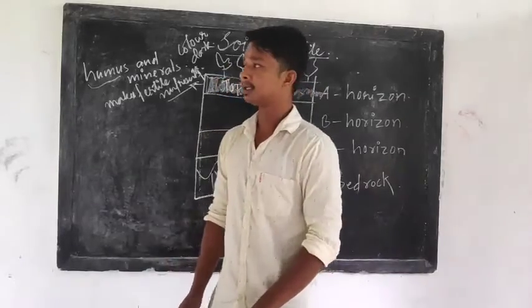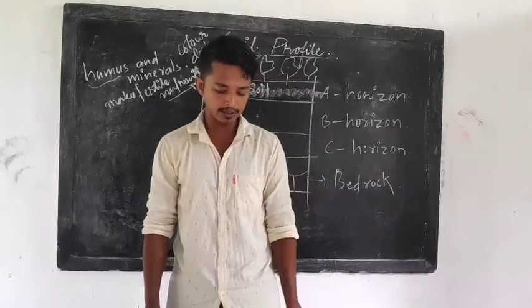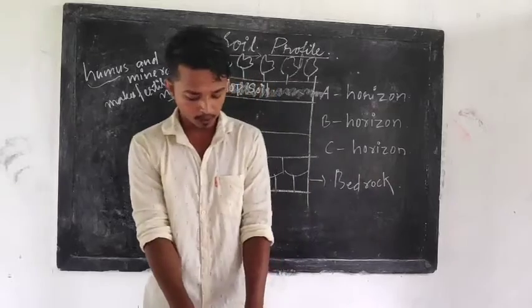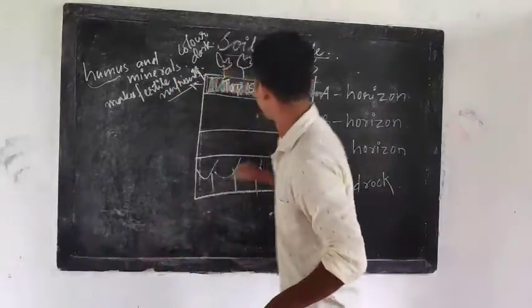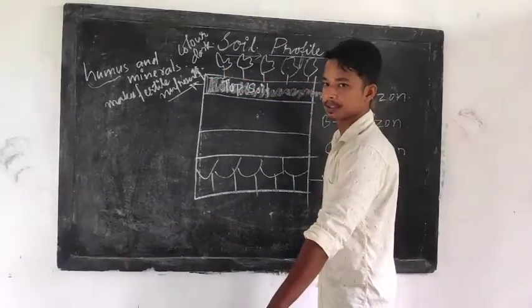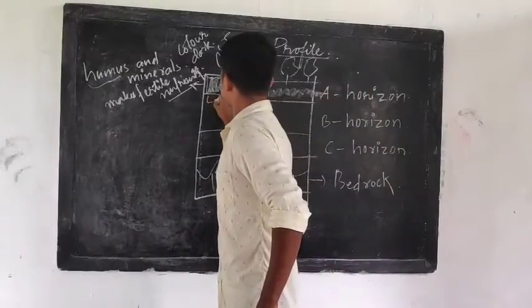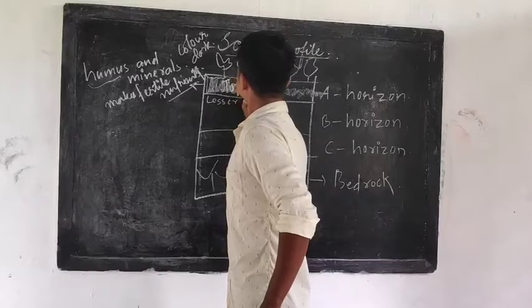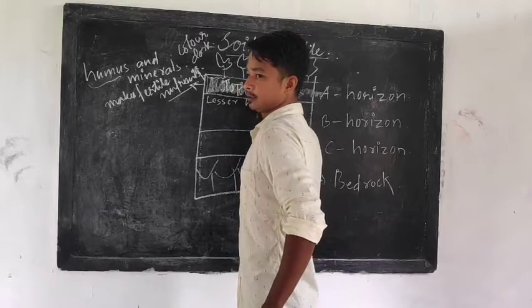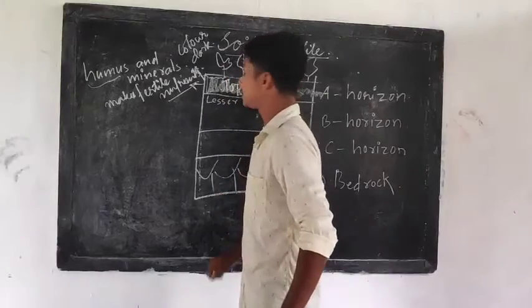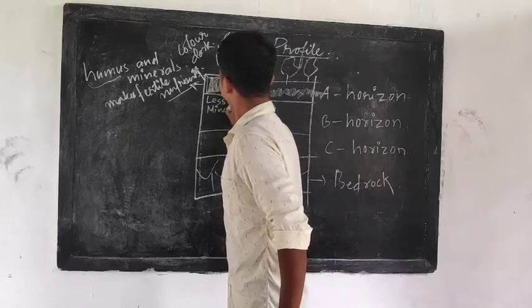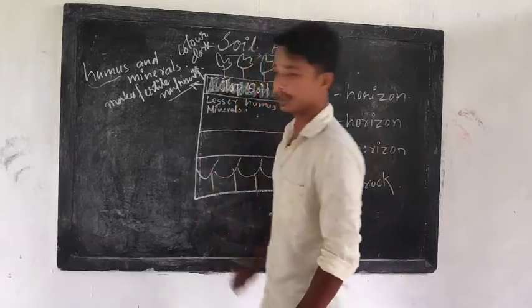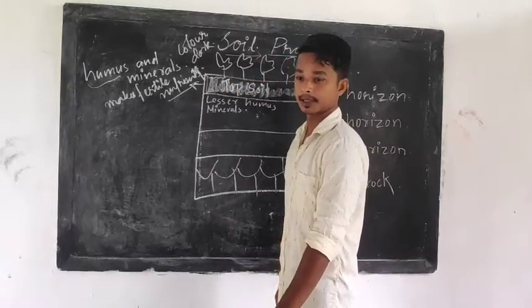Now the next layer has a lesser amount of humus but more minerals. Next is the B horizon. Here it has lesser humus, but it is rich in minerals. Clear?